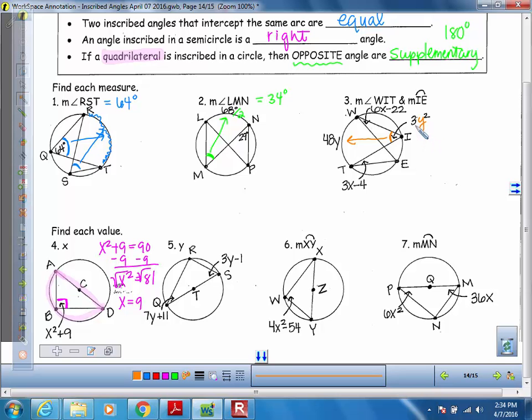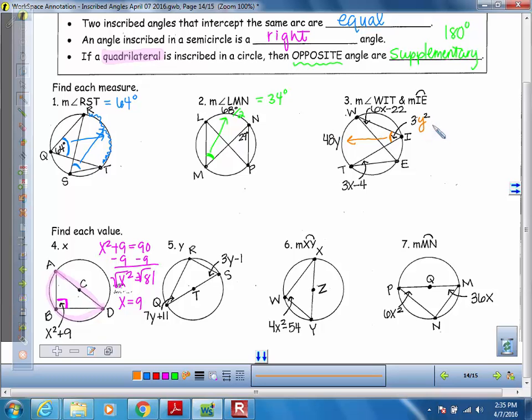What relationship do these two have? What do we know about the arc and the measure? The arc is twice the angle, or the angle's half of the arc. So let's say 2 times the angle equals the arc.